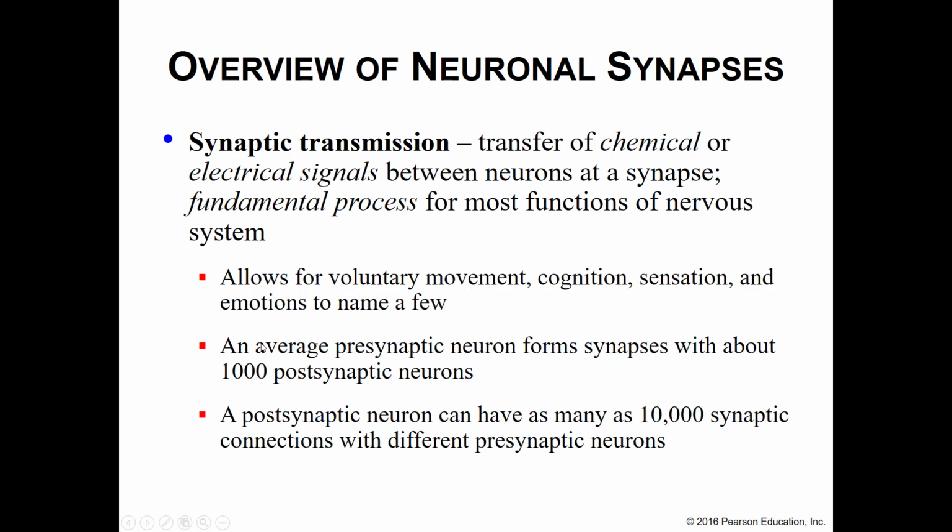On average, each presynaptic neuron synapses with about 1,000 postsynaptic neurons. And a postsynaptic neuron can have as many as 10,000 presynaptic connections with different neurons. So a lot of communication between neurons within our nervous system.